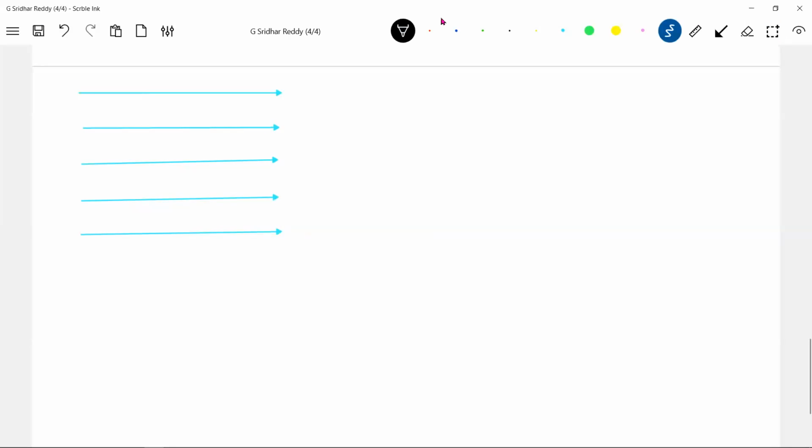Now there are points: point 1, point 2, and point 3. Let this distance be 3 meters. Let this be 4 meters. The uniform electric field, let it be 10 volt per meter.